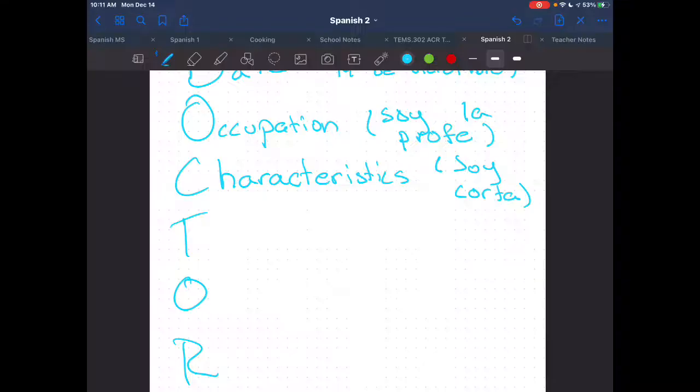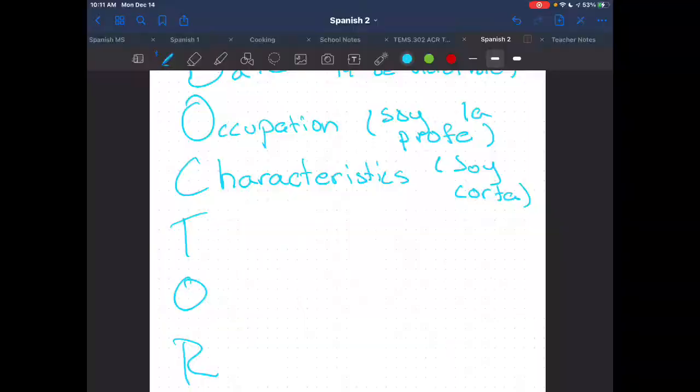Next we have condition. And this is my example that I used earlier with la muerte. You would say someone is dead, someone is sick, something like that. So for example, I'm going to say ella está enferma.